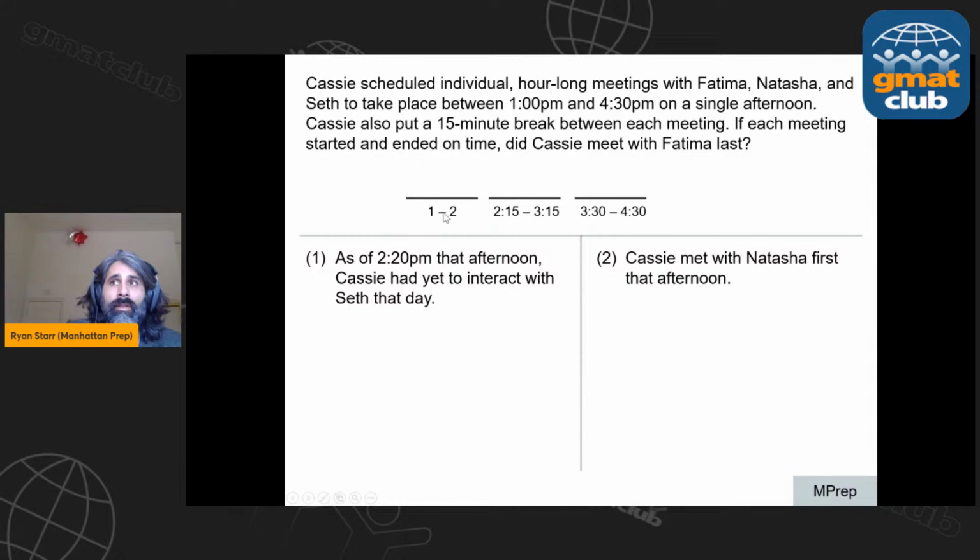One starts at 1 because there's only time for breaks between the meetings, not at the beginning, as Sai very correctly pointed out as a possible caveat to this. So the first meeting goes from 1 to 2, 15-minute break. Next meeting goes from 2:15 to 3:15, 15-minute break. The next meeting goes from 3:30 to 4:30. That we can know from the question stem alone.